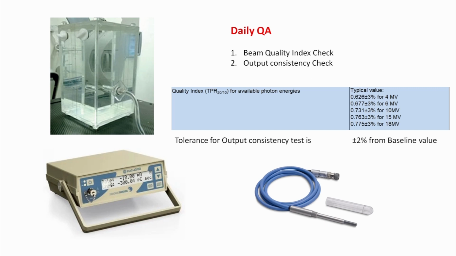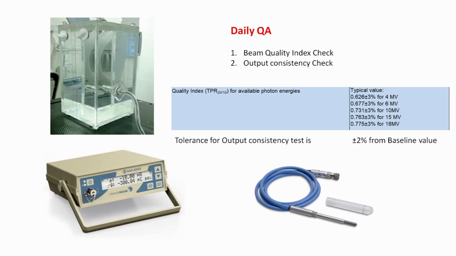First we understand what the daily quality assurance is in the case of a linear accelerator. In a linear accelerator, there is no radioactive source and there is no chance of any decay of the energy of the beam, so the energies remain monoenergetic, like 6 MV, 10 MV or 15 MV.